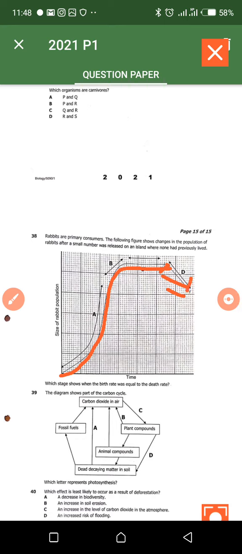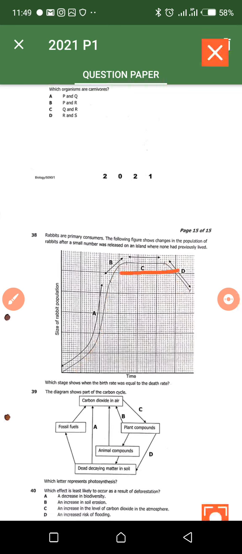So which stage shows when the birth rate was equal to death rate? So the answer is C, because here you can see that the population was constant, meaning that the number of rabbits dying was equal to the number of rabbits being born. So making the answer C there.